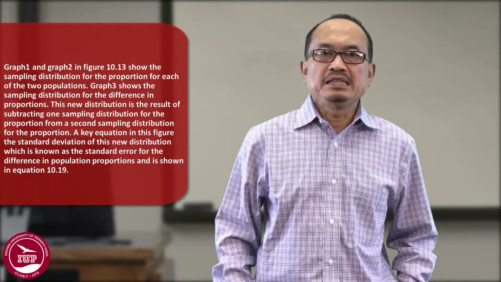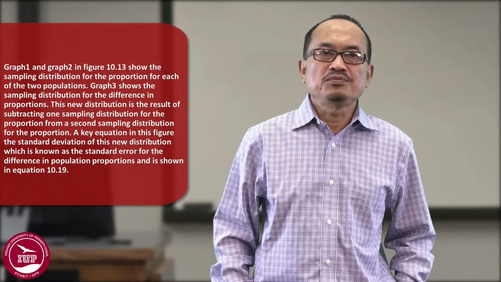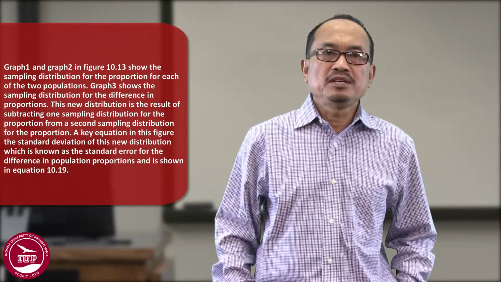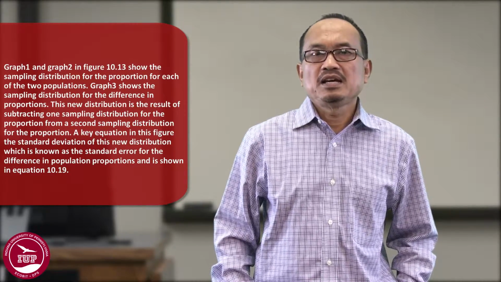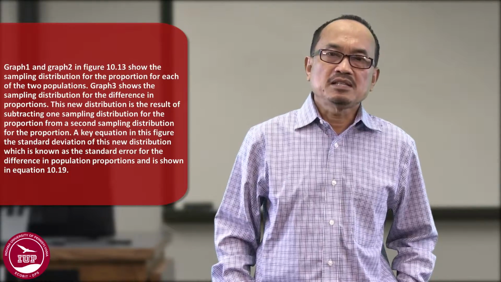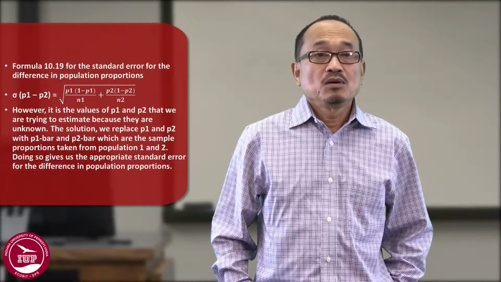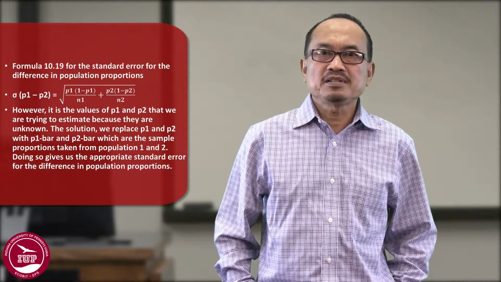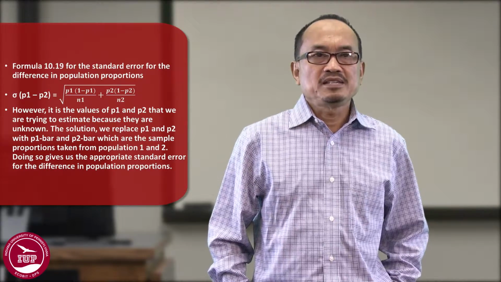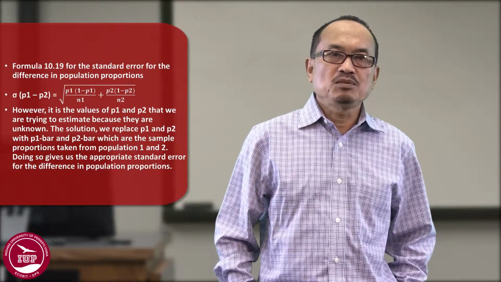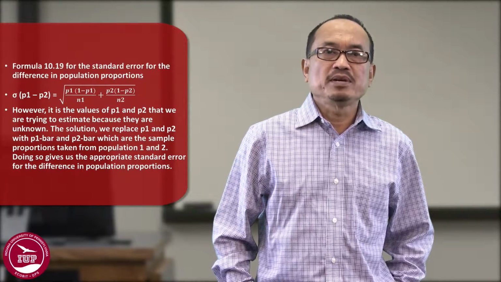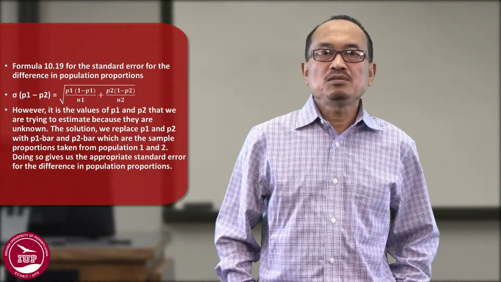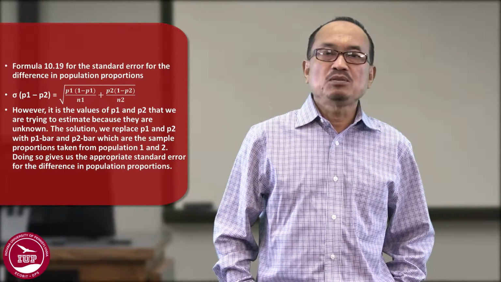A key question in this figure is the standard deviation of this new distribution, which is known as the standard error for the difference in population proportions, as shown in equation 10.19. Formula 10.19: sigma of P1 minus P2 is equal to the square root of P1 times 1 minus P1 divided by N1 plus P2 times 1 minus P2 divided by N2.